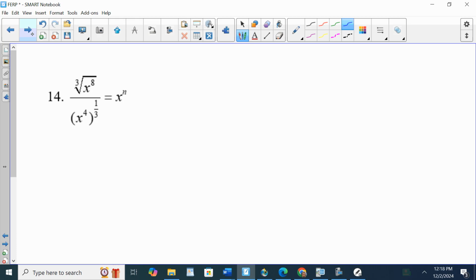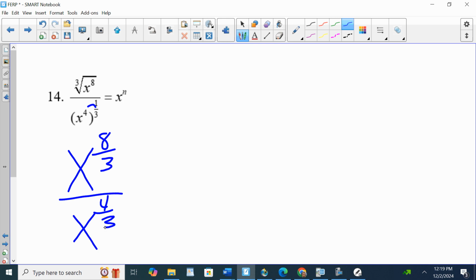It's phrased a little bit differently, but it's the same exact thing. I want to get the left-hand side into x to a power. So, radicals are fractional exponents. Power over the root. Get rid of parentheses. When I raise a power to a power, I'm multiplying. 4 times 1 is 4.